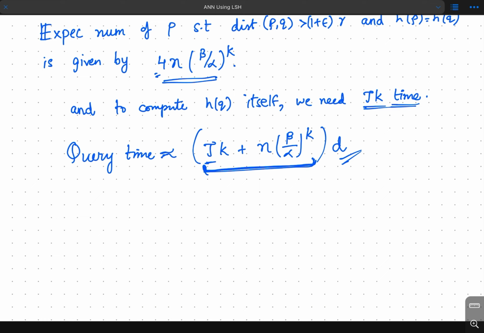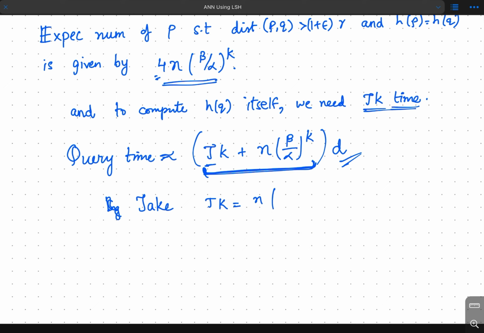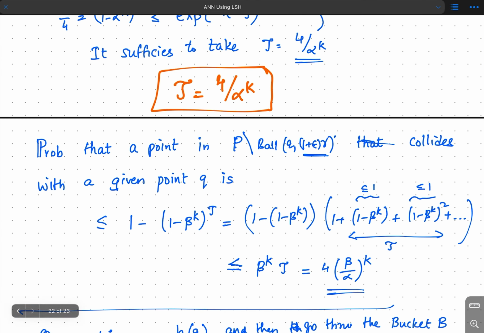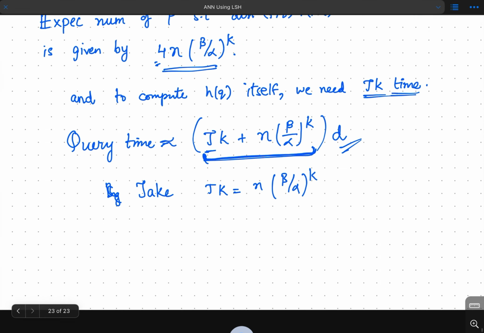Differentiating this is not going to be very easy, so we will do an approximate minimization by taking tau k equal to n times (beta by alpha) whole power k, and we already know what alpha to the power k is.